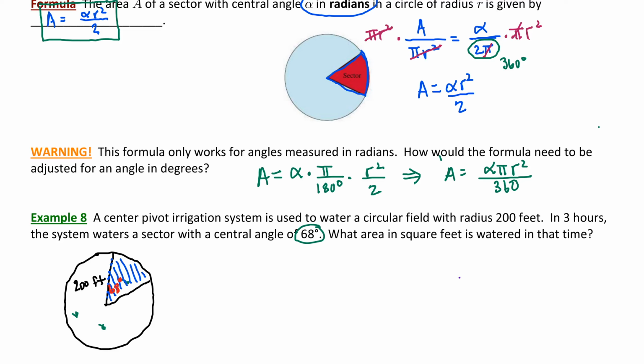You can either use this formula and do it all at once or take it in a 2-step approach. I'm going to take the 68 degrees and convert it to radians by multiplying by pi over 180. So we end up with 68 pi over 180. I want to go ahead and reduce that.